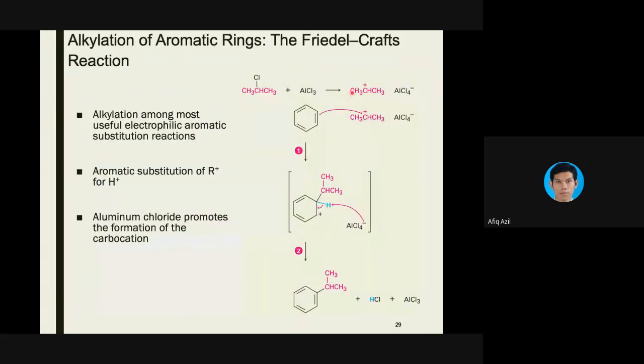So it forms this carbocation, and sometimes this carbocation will try to rearrange itself to be the most stable. Let's say this carbocation is at the first carbon, primary, which is the least stable. So it prefers to be in the middle. This one is secondary, which is more stable than a primary carbocation.